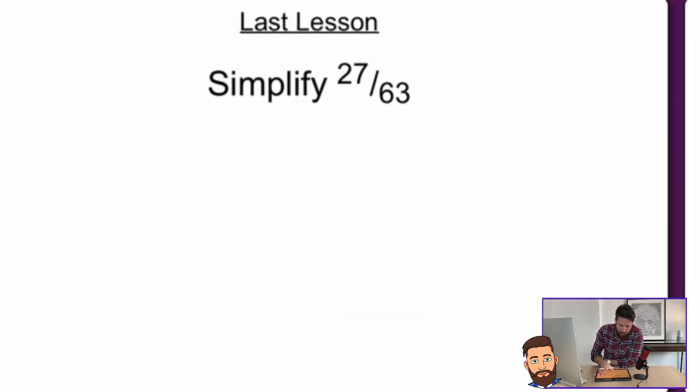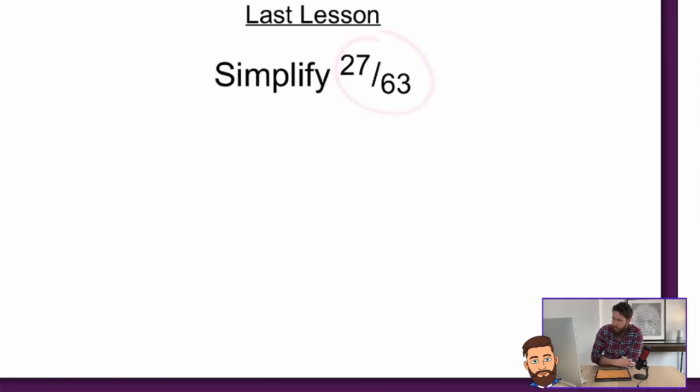So you were asked here to simplify 27 over 63. We will look at two ways you could do that. Remember I said knowing your tables is really important, you always want to try and find the biggest number that goes into 27 and 63.